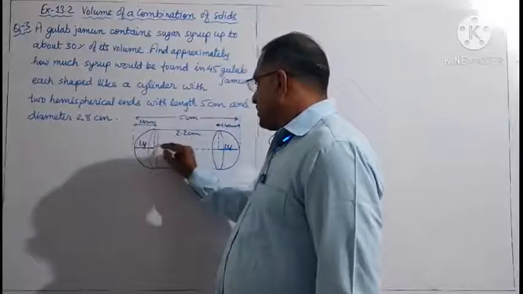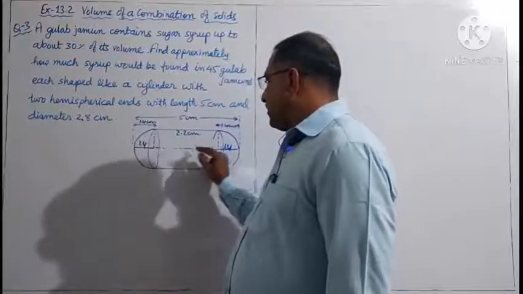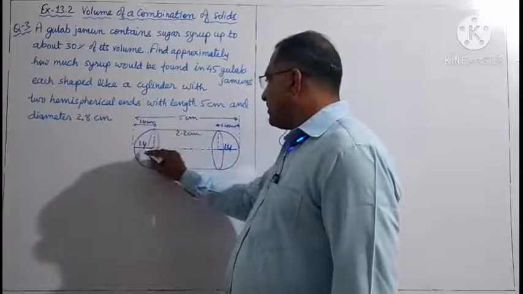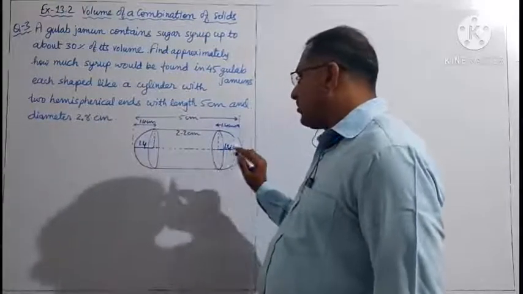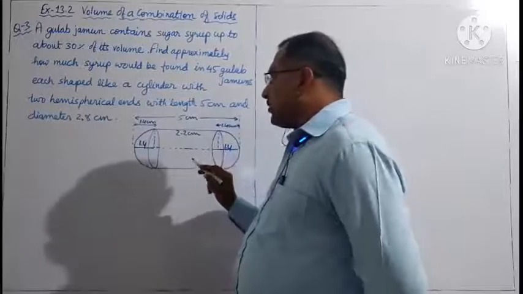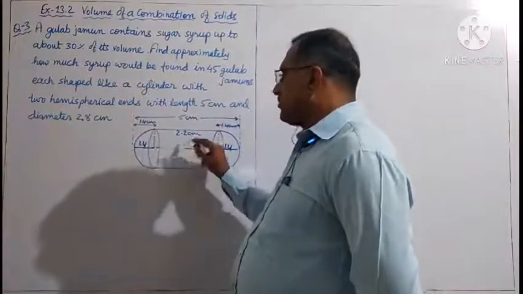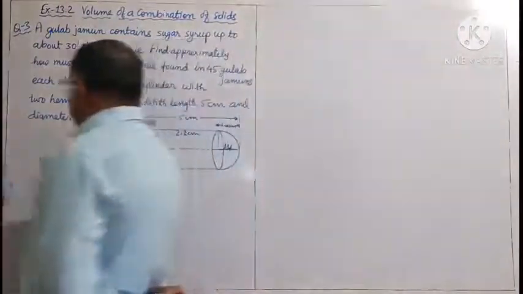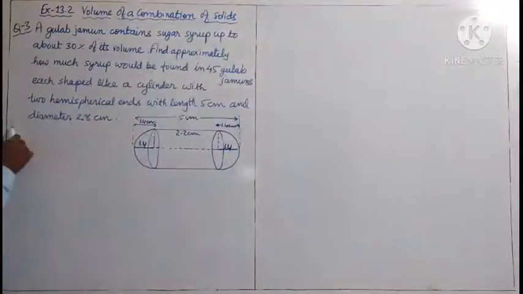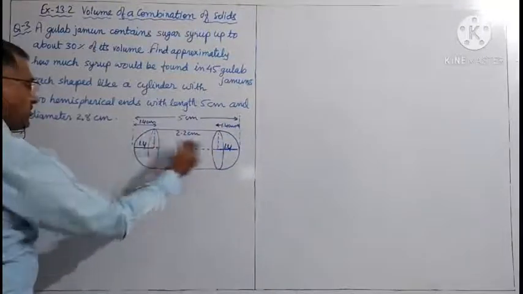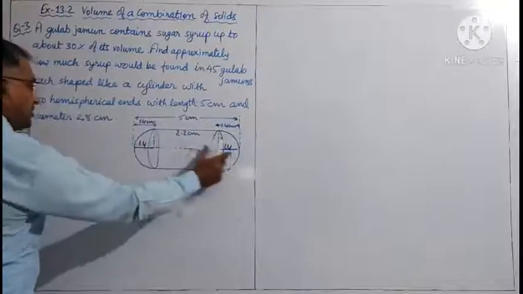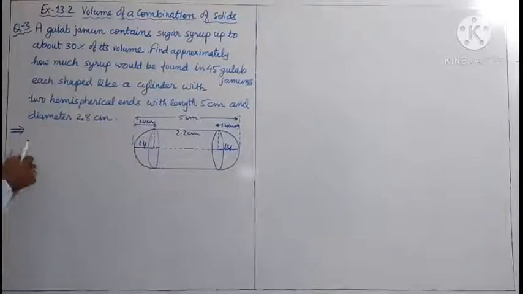And so the cylindrical length is 5 centimeter minus 1.4 minus 1.4, so that is 2.2 centimeter. That is the height of the cylinder, and the radius of both is the same. So here let us write the dimensions. As the gulab jamun has two hemispherical ends, the radius is subtracted, then we will get the height.